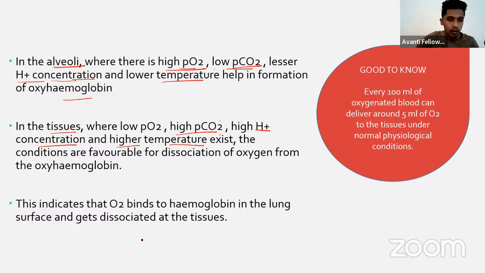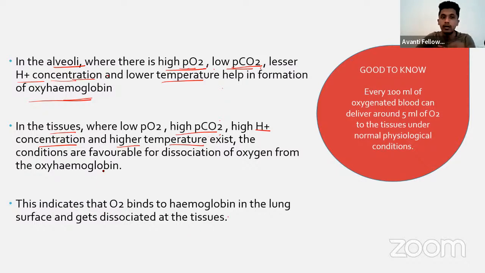Now you have to just simplify this: how hemoglobin became oxyhemoglobin and how oxyhemoglobin became hemoglobin. For the factors responsible for the formation of oxyhemoglobin, we discussed them here: high partial pressure of oxygen, low partial pressure of carbon dioxide, low hydrogen ion concentration, and low temperature. Similarly, what are the conditions responsible for the dissociation of oxygen from oxyhemoglobin?